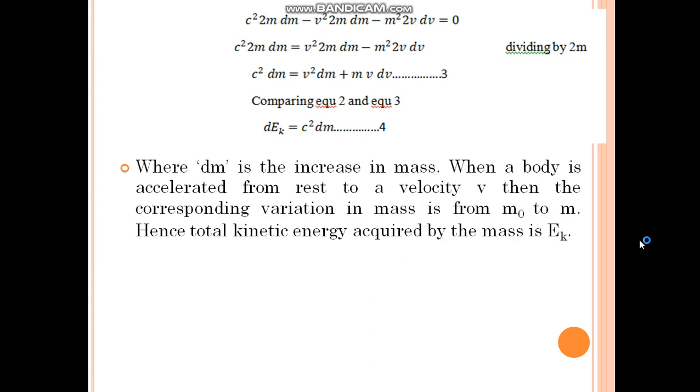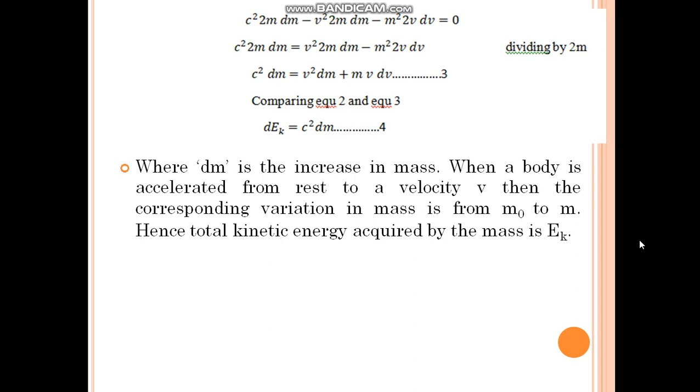This is equation 3. Now compare equation 2 and 3, then we will get the expression dEk is equal to c square dm. This is equation 4, where dm is the increase in mass. When a body is accelerated from rest to a velocity v, then the corresponding variation in mass is from m naught to m.